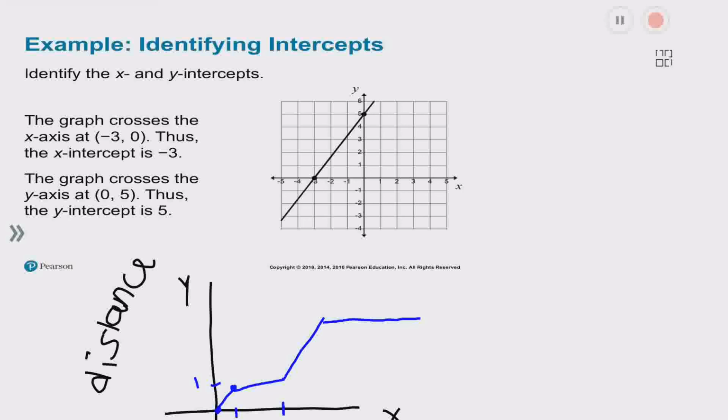And then I start walking, and so my distance slows down, so it's not as steep for another 10 or 20 minutes. And then I take off sprinting. So I'm getting further, or my distance is going up as the time's going up.